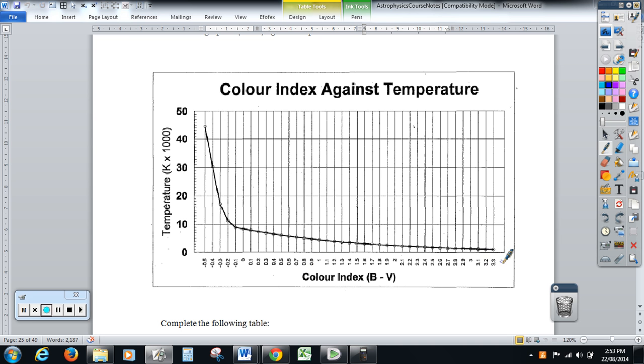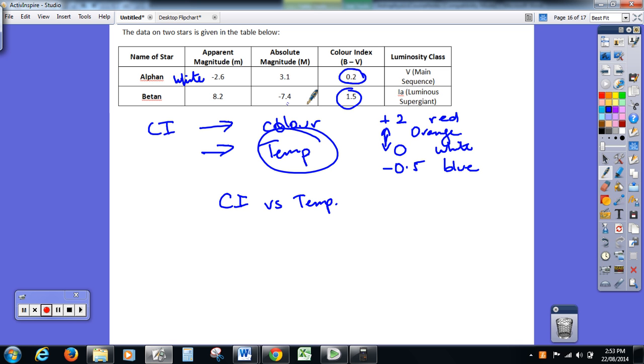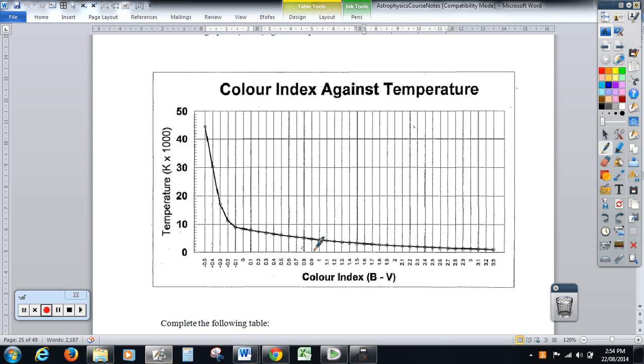So this one here, we can use this chart simply to work out the temperature using the colour index. It's quite detailed here. So looking at the actual value that we're going to use, let's start with Alpha. Alpha is a 0.2 colour index. So going through and having a look, 0.2 is there, okay?